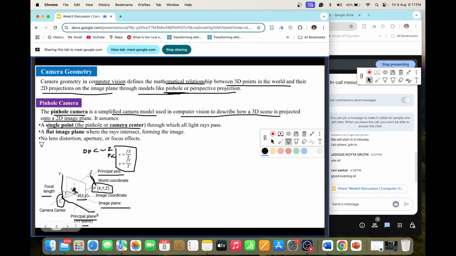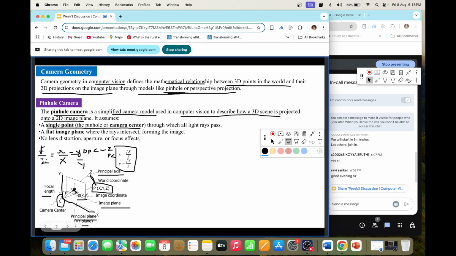So that means f divided by capital Z will be equal to x divided by capital X, and similarly y divided by capital Y.